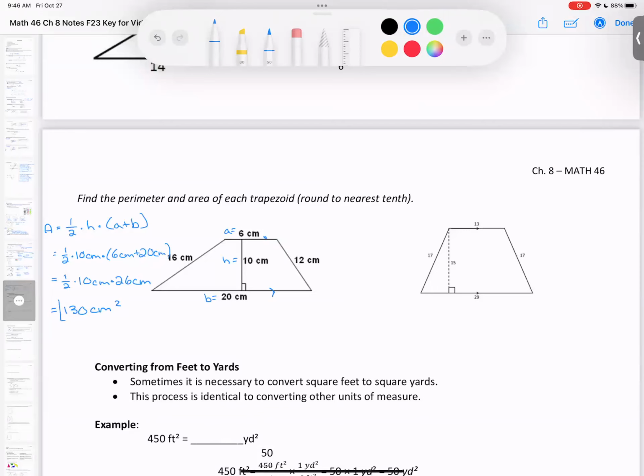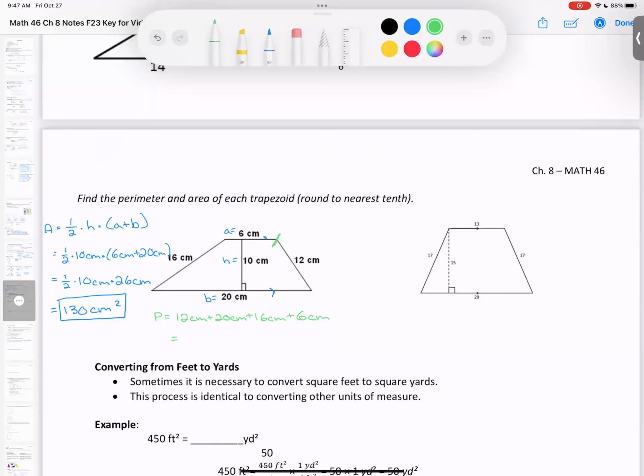So that's our area. Okay, we're also asked to find perimeters. So that's going to be the sum of all of the sides. So I'm arbitrarily going to start right here. And so my perimeter is going to be 12 plus 20 plus 16 plus 6.